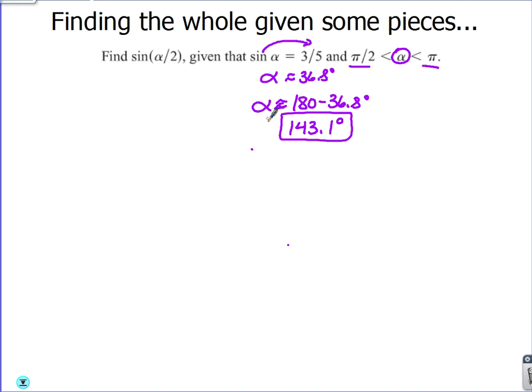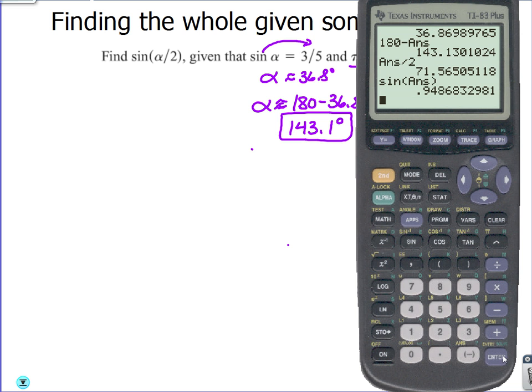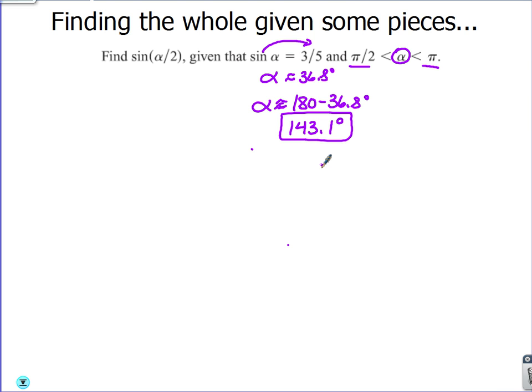Yeah, we could. The sine of half of alpha is going to be about 0.94868. But what we're actually going to do with this problem is find the sine of half of alpha without going through all the steps.